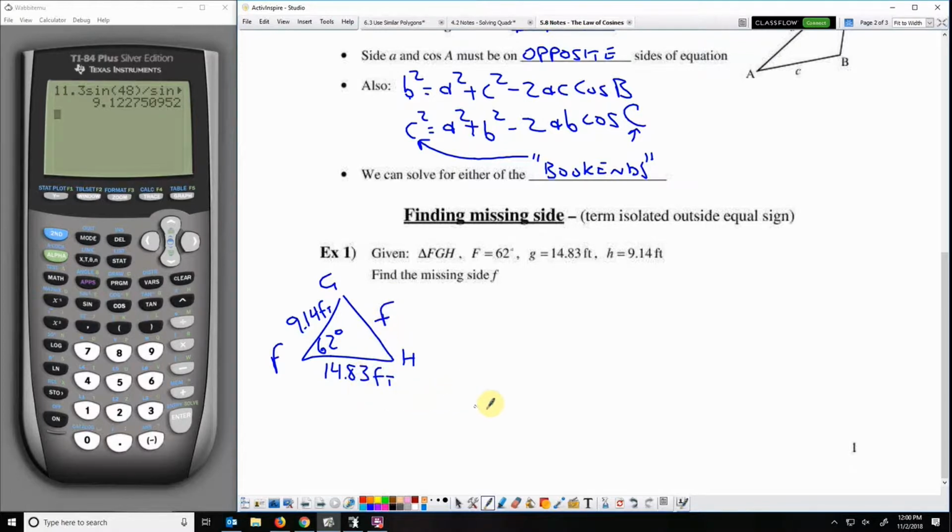So we don't even have A, B, and C. But I know that side F and angle F have to be first and last so that I can solve for side F. I can only solve for the very first or the very last item.